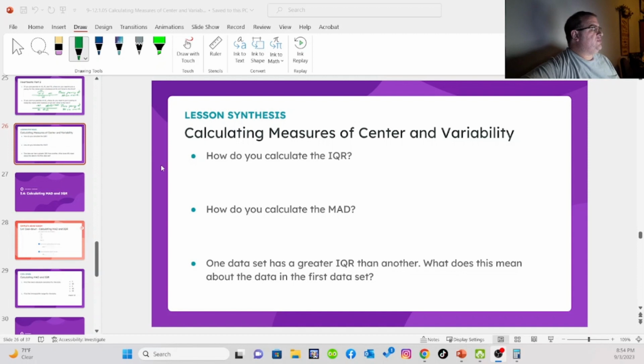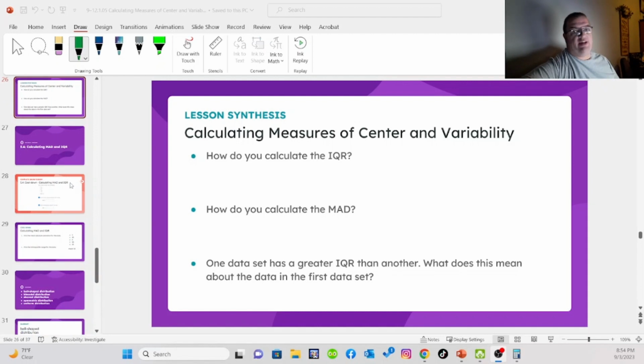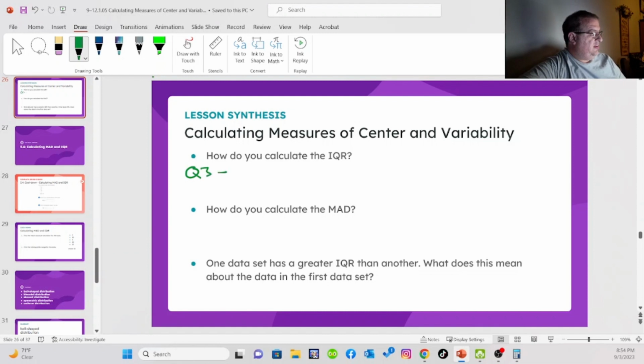Okay, so we will look at these last few questions just to synthesize the lesson for today. So the first one here says, how do we calculate the IQR? If you remember, the IQR is the interquartile range. That means how far is it from Q3 to Q1?